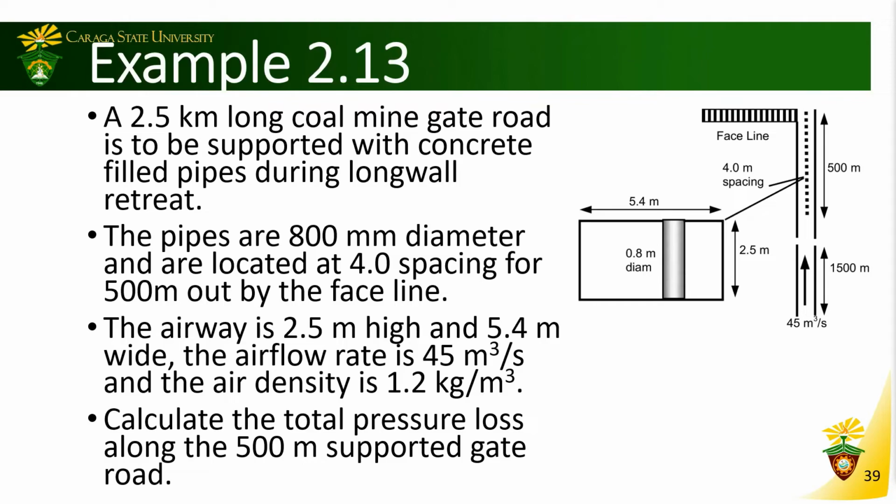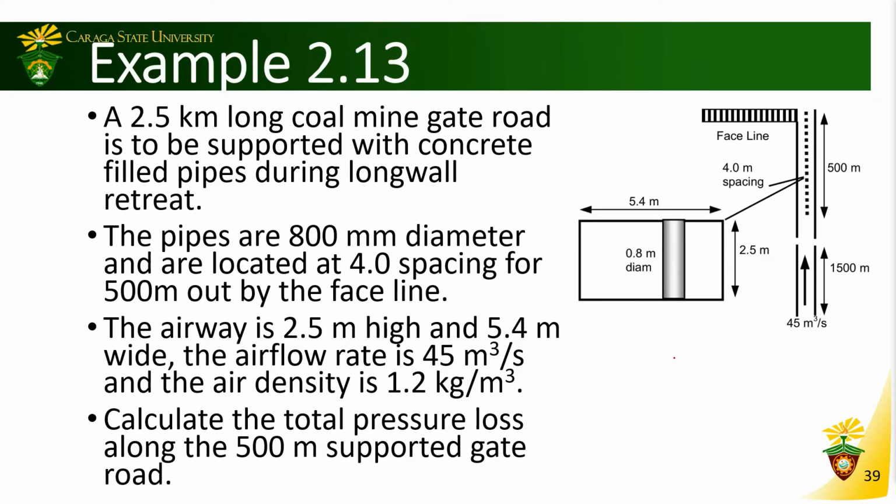We could see in the cross section right here that the airway is 2.5 meters high and 5.4 meters wide. The supports will be installed relatively offset to the right, and 0.8 meters in diameter. What would be the effect of these obstructions?